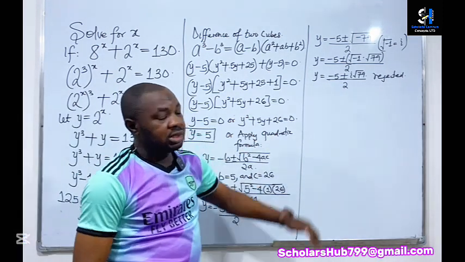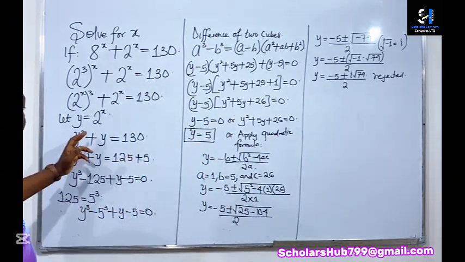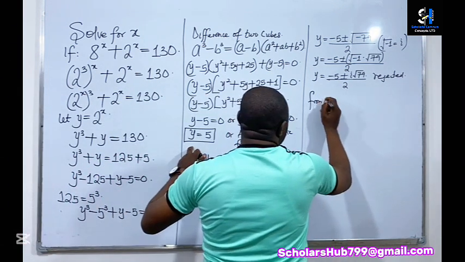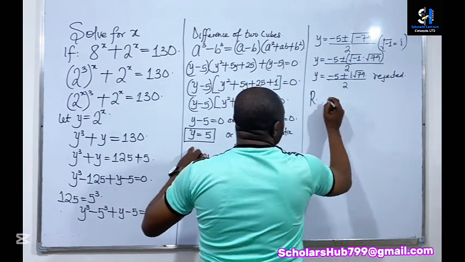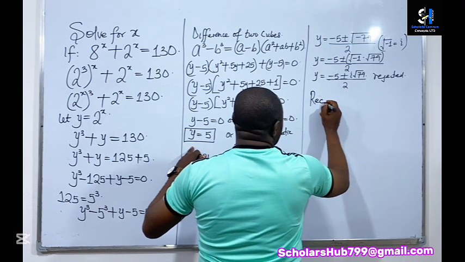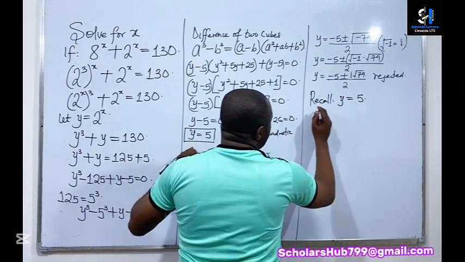But in this case, this will not work. So we now recall, this will be rejected. So we have that y equals 5.